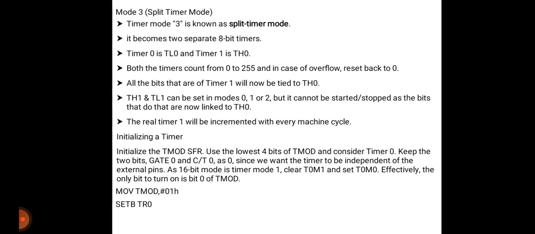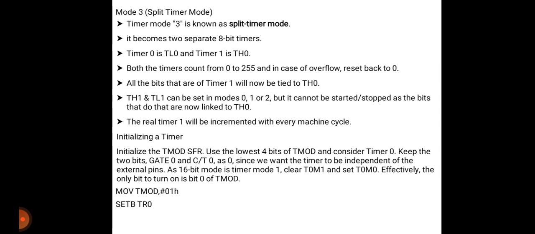All the bits that belong to timer 1 will be tied to TH0. When timer 0 is in split mode, the real timer 1, that is TH1 and TL1, can be set in modes 0, 1 or 2, but it cannot be started or stopped, as those bits are linked with TH0. So the real timer 1 will be incremented with every machine cycle. This is the operation of mode 3 of the timer.